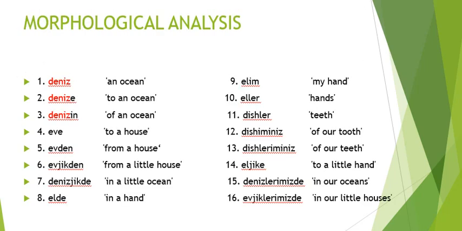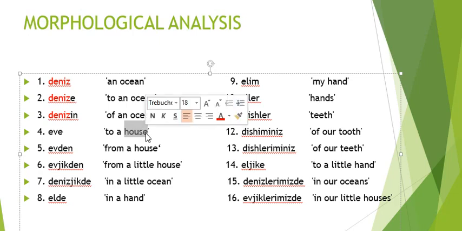Okay, now you can continue. As I told you, you can go from the simplest to the most complex. Now you can find the meaning of the word house or the structure that represents house in Turkish.